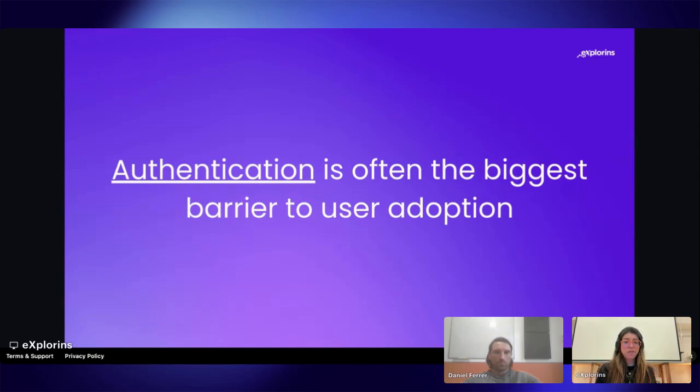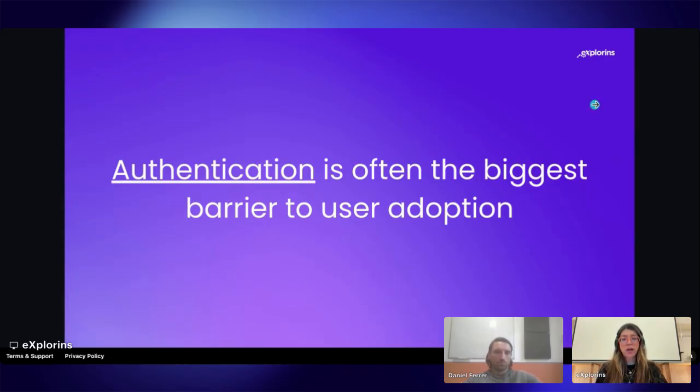We see, not only in the industry, in the customer experience, that authentication is often the biggest barrier to user adoption. How the user engages, how the user opens, how the counterpart or the other side, in this case businesses, not only one but the ecosystem, can also interact and confirm what they are doing.